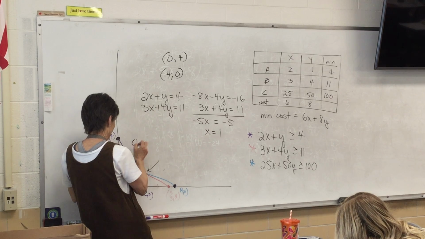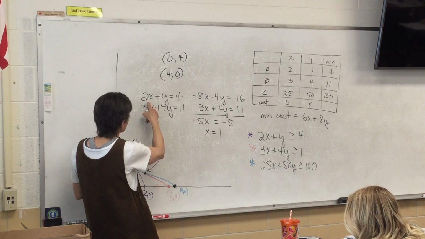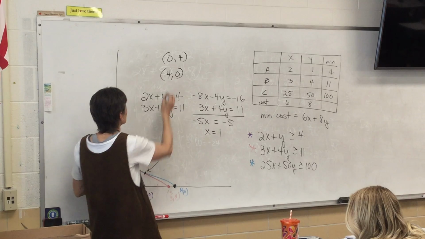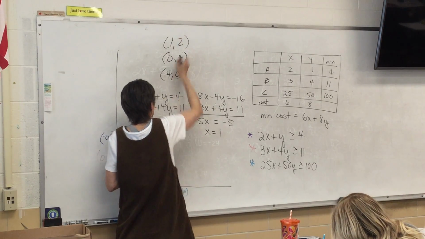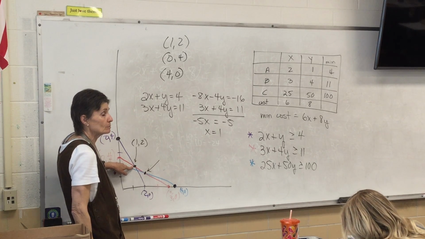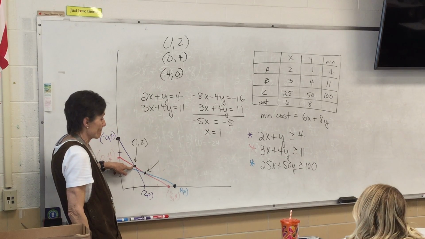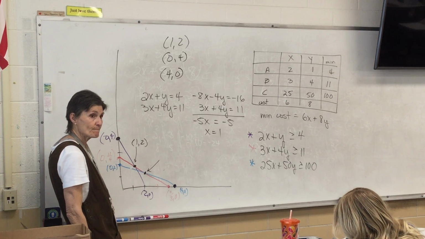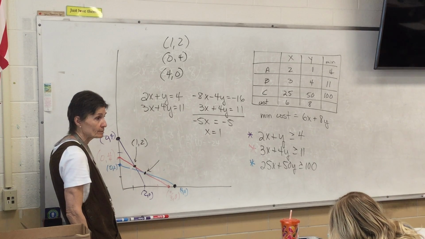And if x is 1, y is 2. So there's the point 1, comma 2. Did everybody follow that? It's a lot of work, big problem.